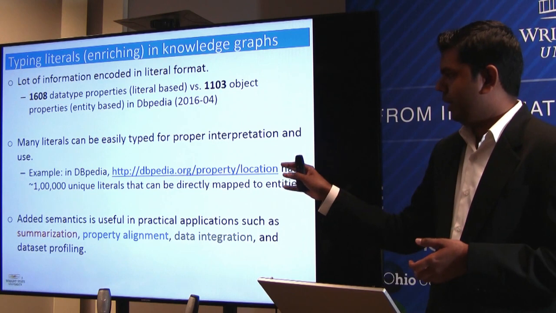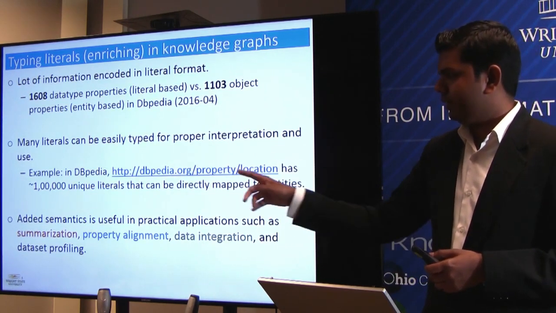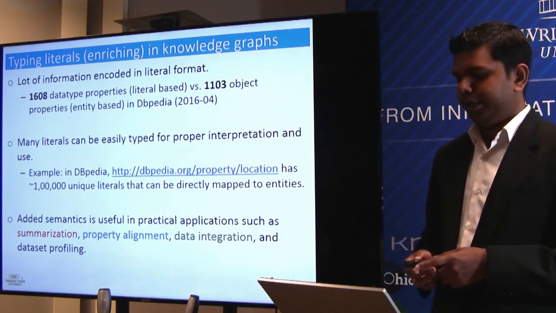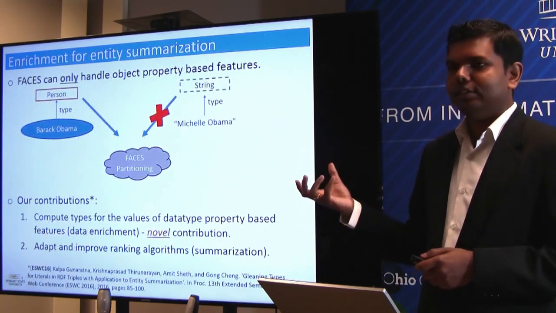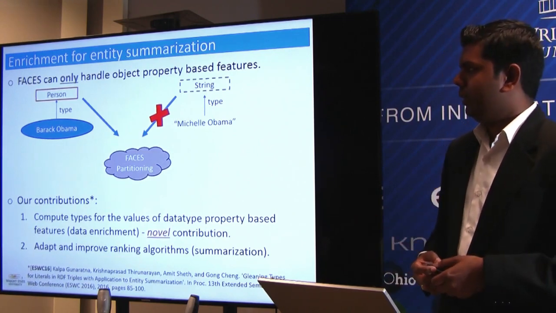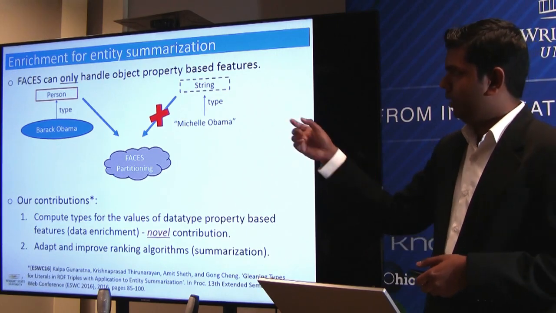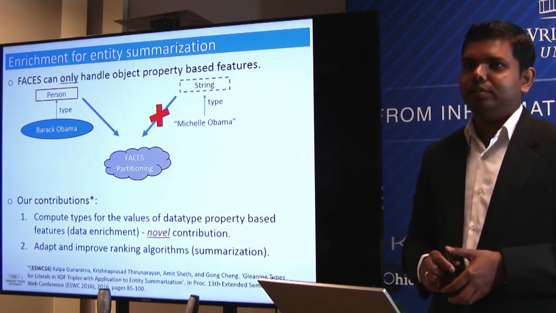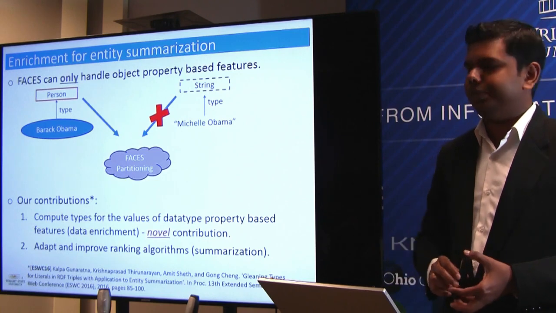By assigning types to these properties, we take entity summarization as a use case and show that it is useful here. Looking at this, Barack Obama in DBpedia is typed as a person or a politician. But Michelle Obama, in one of the features, not all of them, is mentioned as a literal, and it only has the type string, because a string cannot be an entity in knowledge representation.